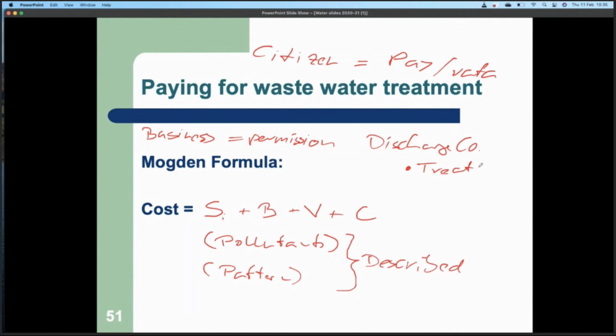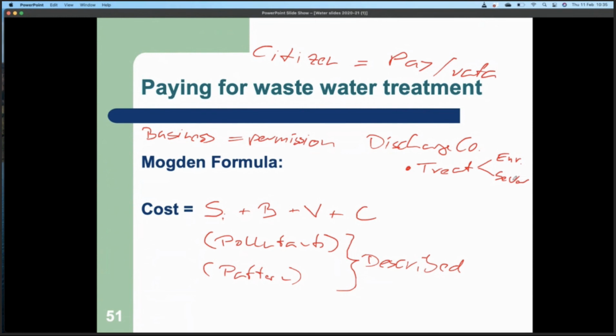On the treatment, you have two options really. You could treat it for discharge into the environment, or you could treat it for discharge into the sewer. And that's the same sort of concept, but it's on two levels.